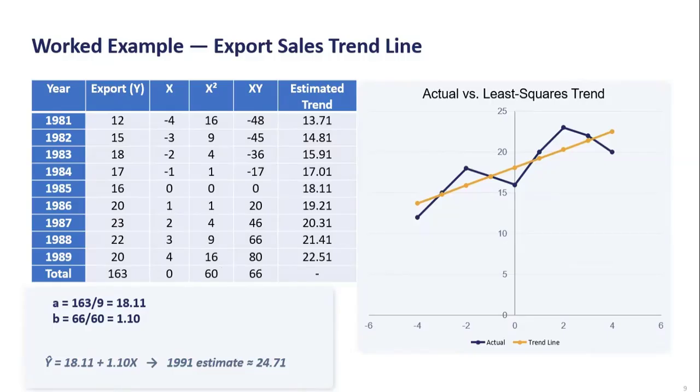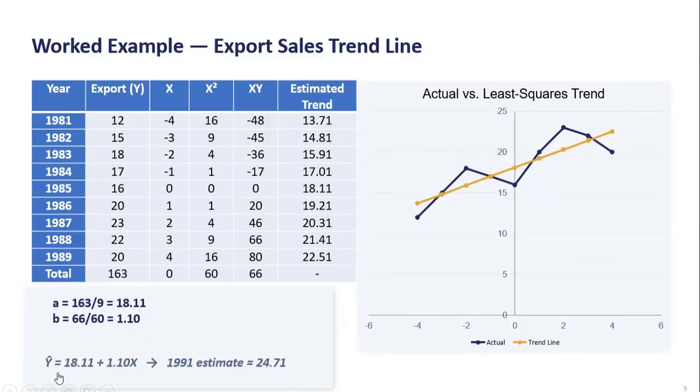First, a equals sigma y divided by n. That is 163 divided by 9 equals 18.11. Next, b equals sigma xy divided by sigma x squared. That is 66 divided by 60 equals 1.10. Now substitute these values into the trend equation.